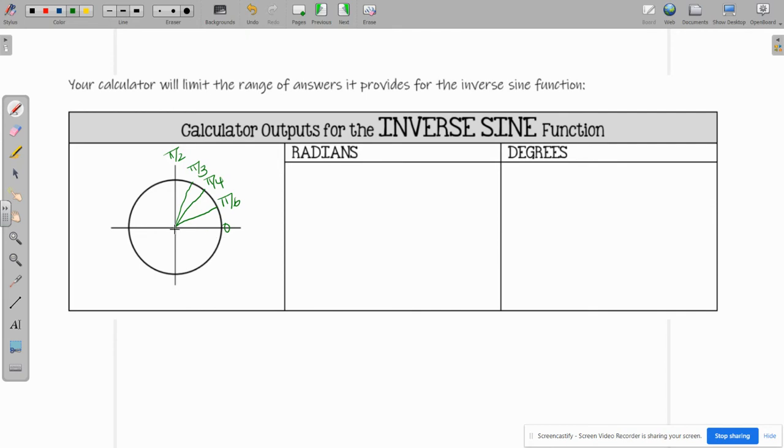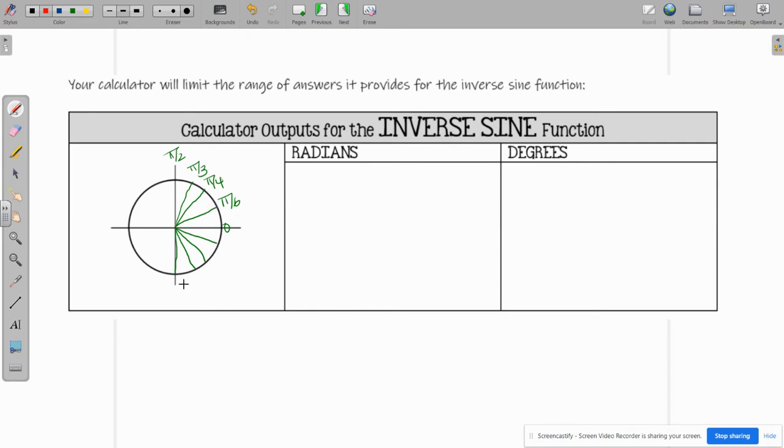In addition, if I go down below this x-axis on the positive side, all of these angles also have unique sine values. None of these angles that I have drawn here would have the same sine value. However, if I gave you this angle over here, like 5 pi over 6, it would have the same sine value as pi over 6.